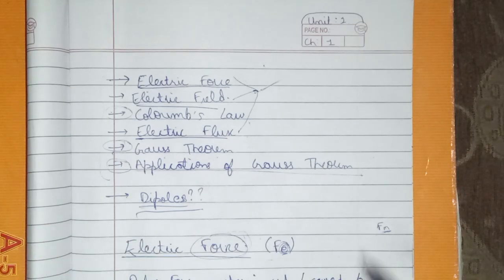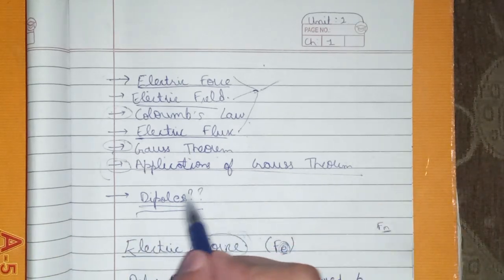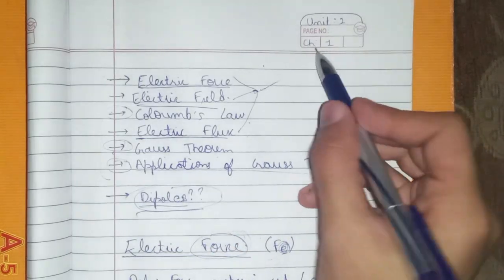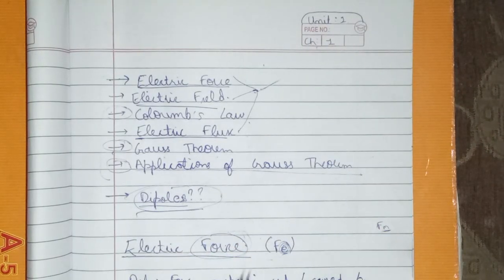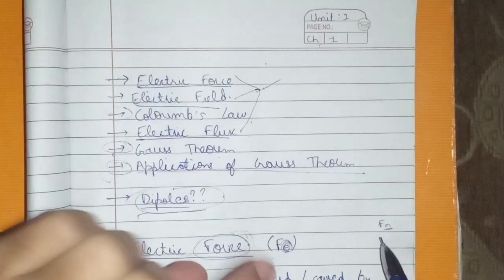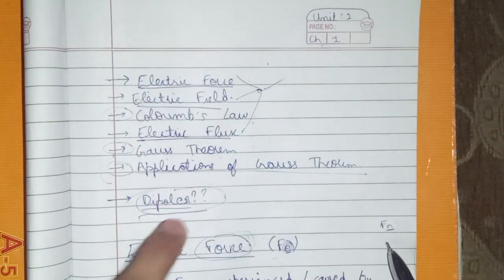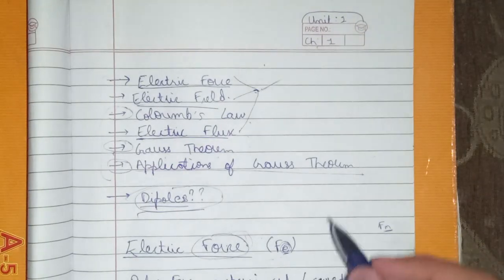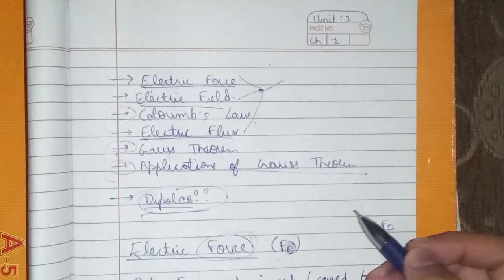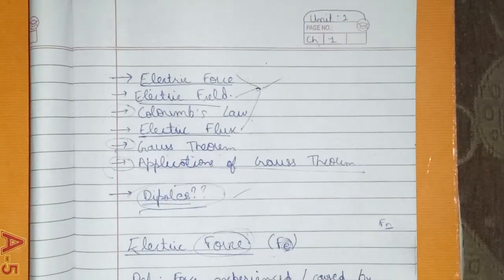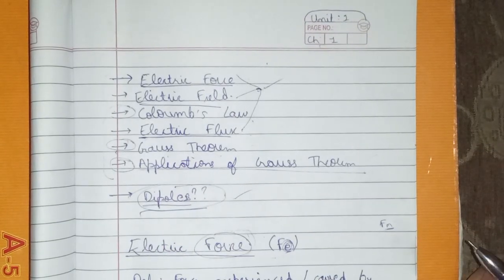Before even starting dipoles, we will start chapter 2. Don't worry, in between chapter 2 and chapter 3 we would deal with dipoles. Chapters and timestamps will be provided, so by using them you can directly reach dipoles.